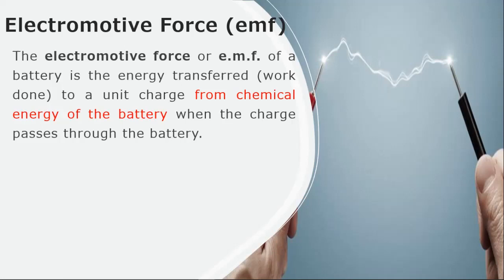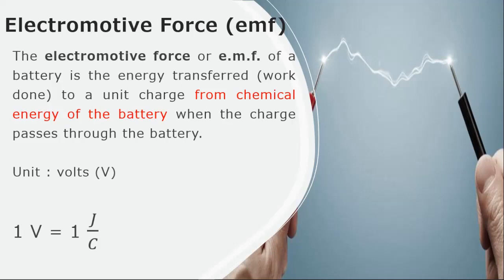The EMF of a battery is 1.5 volts if 1.5 joules of electrical energy is transferred to each coulomb of charge. The unit of EMF, or the electromotive force, is in volts, symbolized with capital letter V, which is equivalent to 1 joule per coulomb.